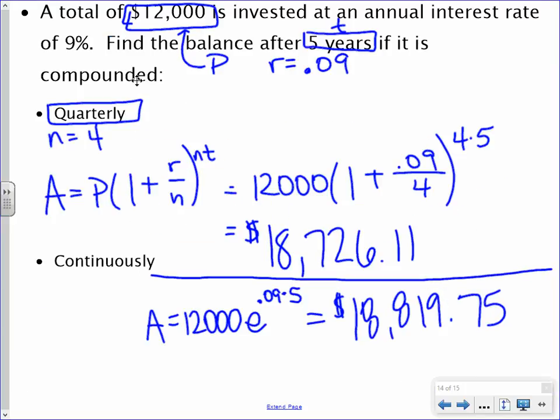Okay, I have one more thing I want to talk about, since we are working with exponents. And that is a problem that looks like this.